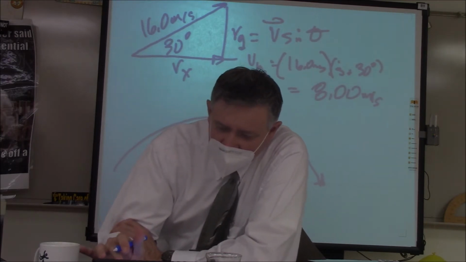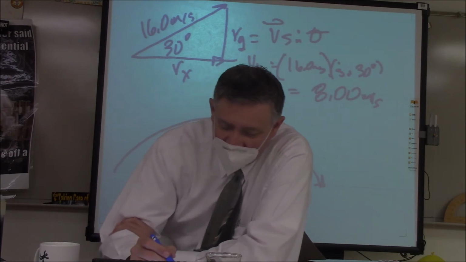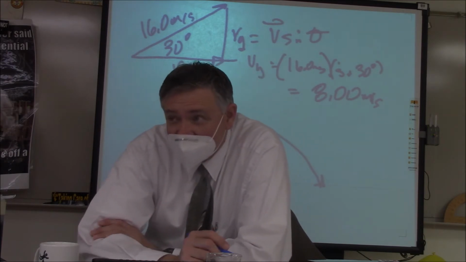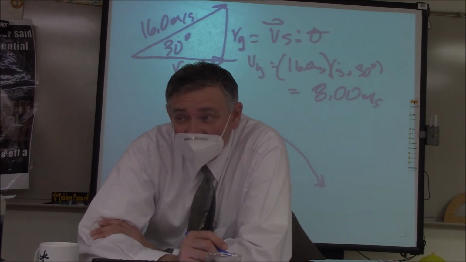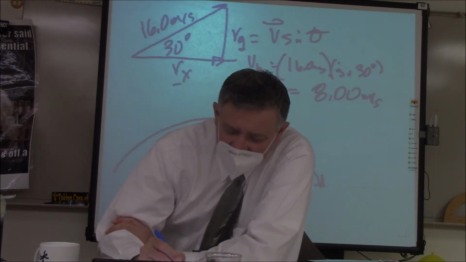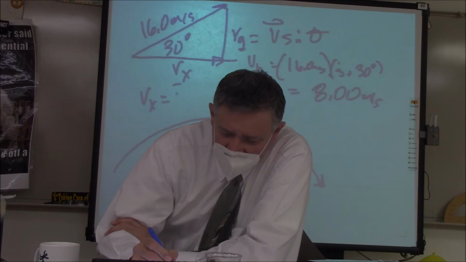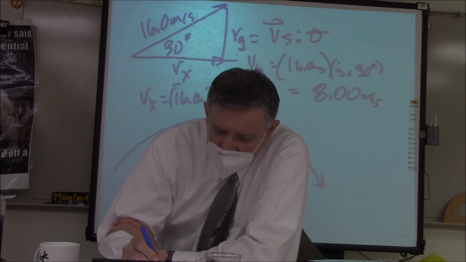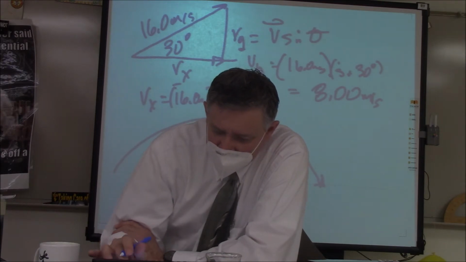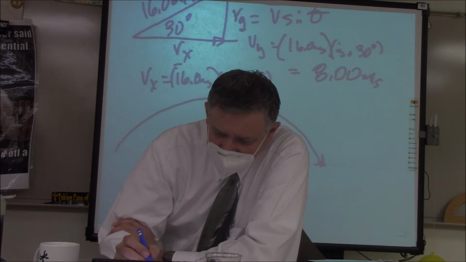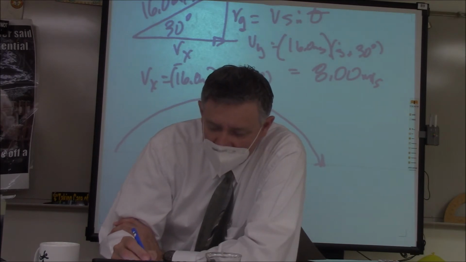Now, how am I going to find Vx? Cosine, right? So my Vx is going to be 16 meters per second times the cosine of 30 degrees. And what do you get there, Matt? 13.8? Well, 13.9.